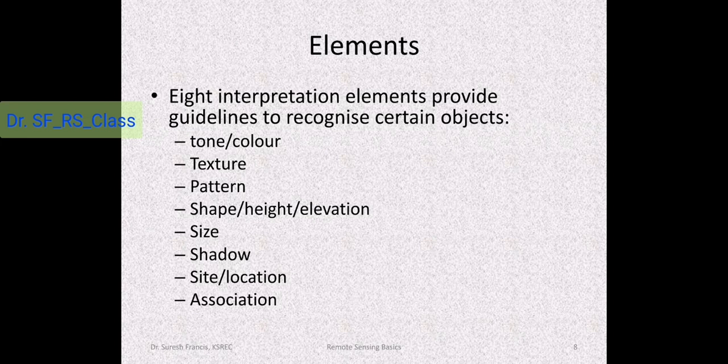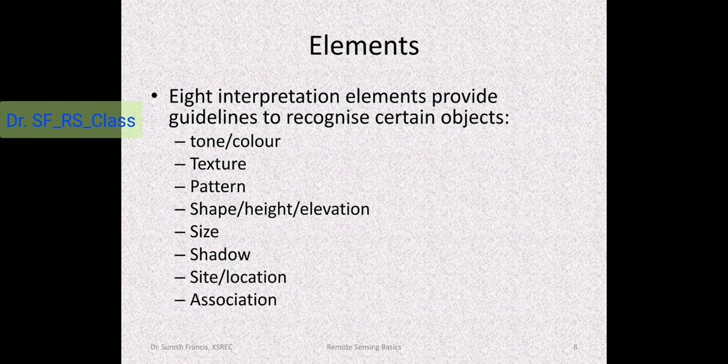The next parameter is the association. The last interpretation element is the association. Some features will be associated with some sites and some locations. You can find that object in the so that interpretation correctness can also be identified with the help of site and association.